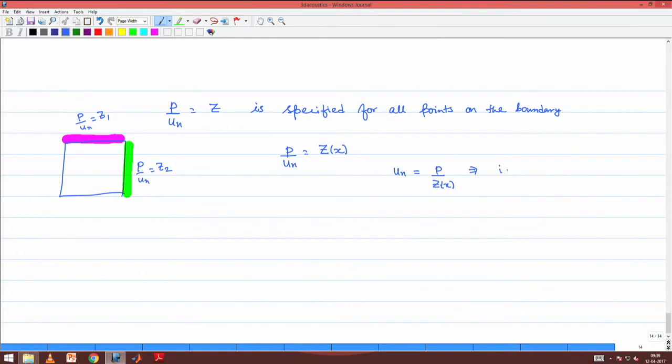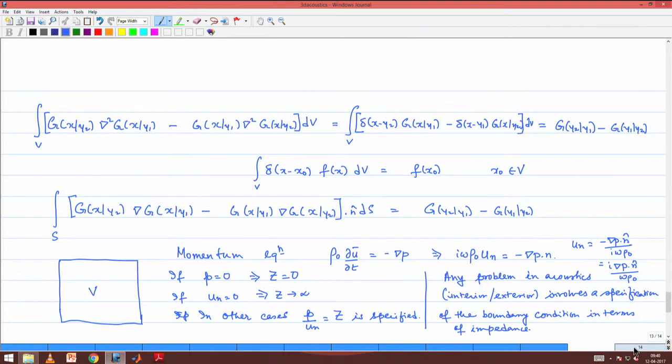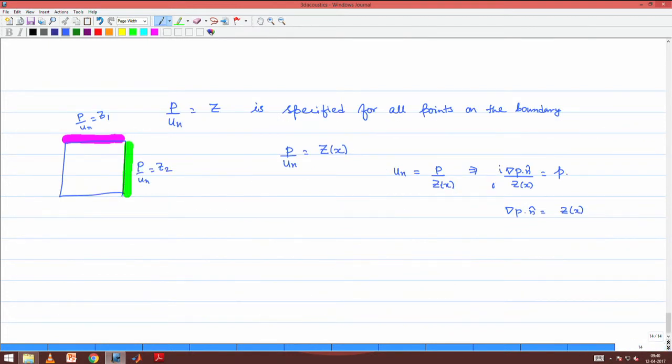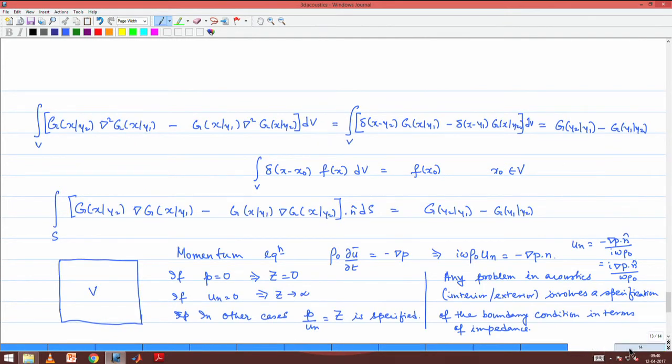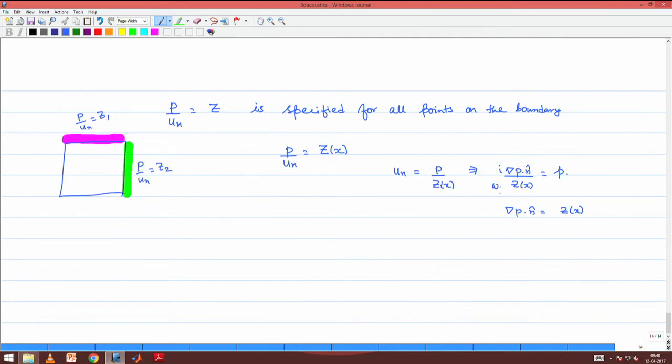So, this is exactly what I will do. So, i times gradient of p dot n divided by z of x is basically p. In other words, gradient of p dot n is z of x, sorry, I missed out the i omega rho 0, omega by rho 0. So, there is an omega by rho 0 here, right. u n is i delta p by n omega by rho 0. So, there is an omega by rho 0 here. Let us do this a little.